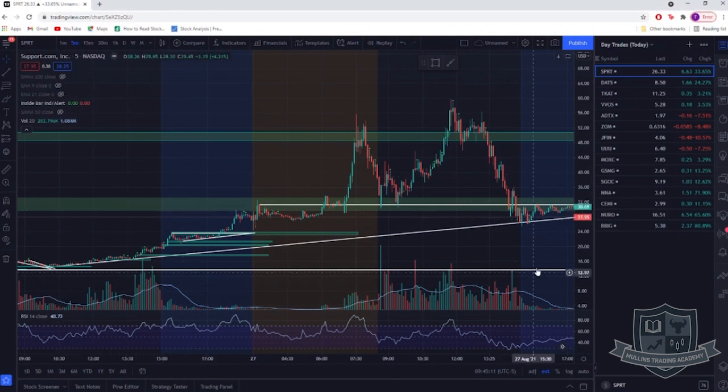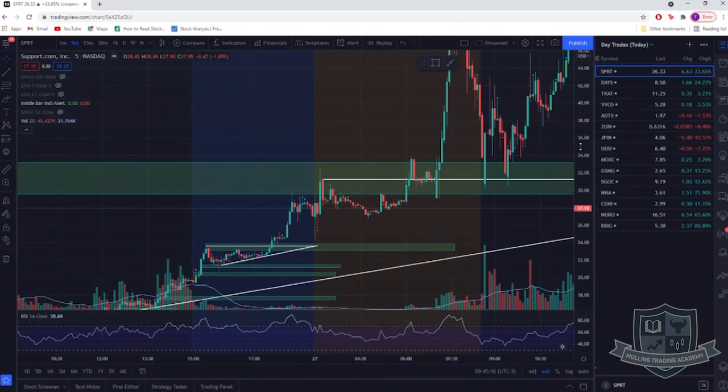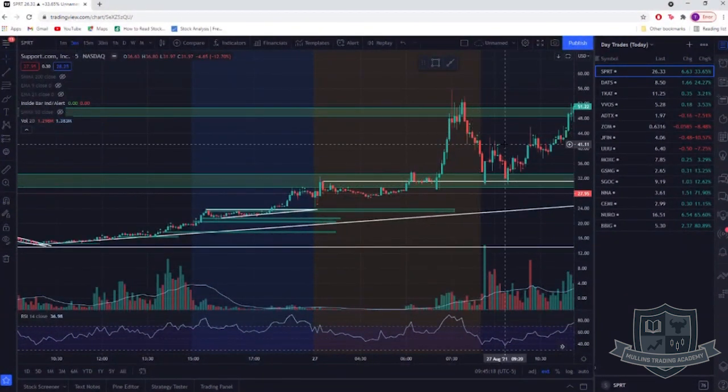But the basic idea there is that when you come back to that area, those orders are being filled, and that is what causes the area to be reactive and act as an area of support or an area of resistance.